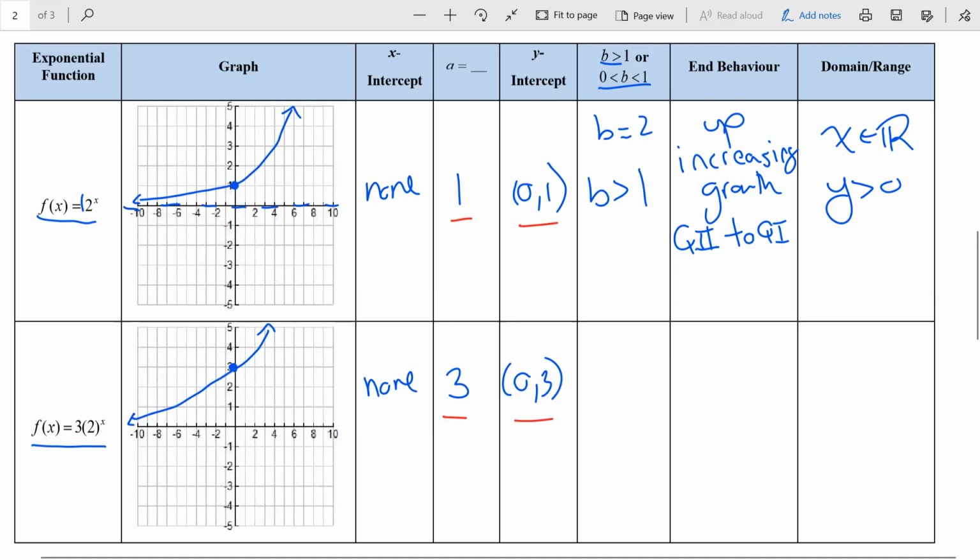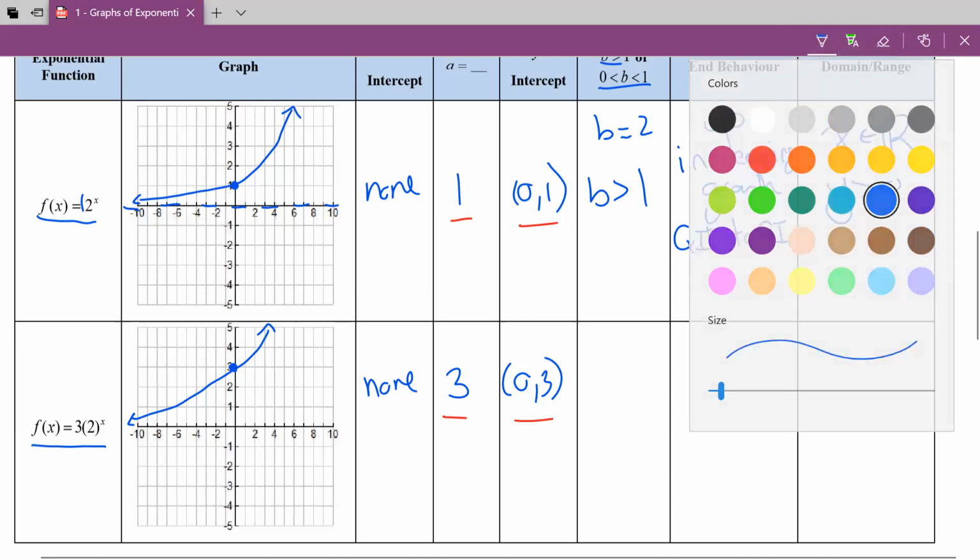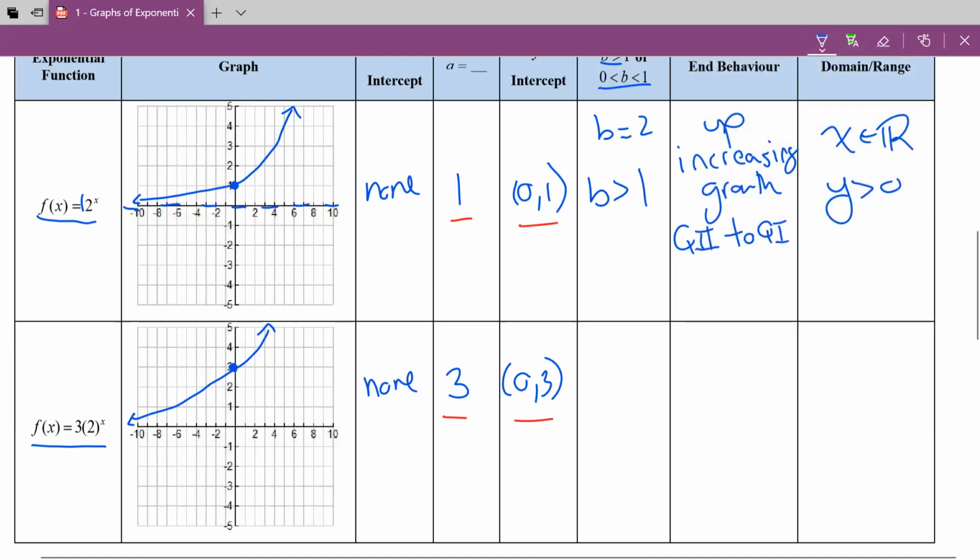Do you start to notice that something's going on there between those two things? Okay. Base, well, the base is 2, so I want to say that the base is greater than 1. And I'm going to say the exact same thing as above for the end behavior and the domain and the range. Okay, so definitely something happening with the a value.